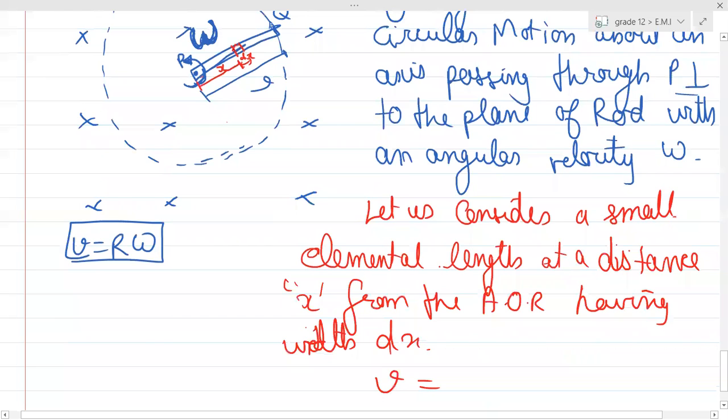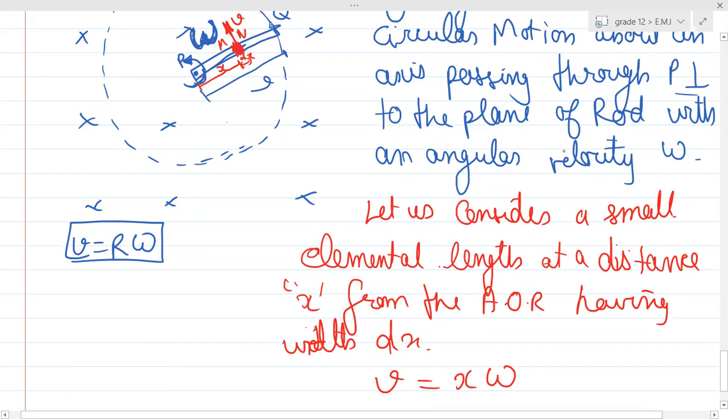Will the velocity be equal to r omega? r is basically the distance from the axis of rotation. Here the distance will be x. So velocity will be x into omega. So this is the velocity, right? Yes or no, guys?